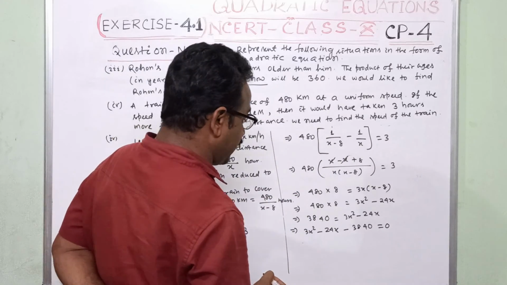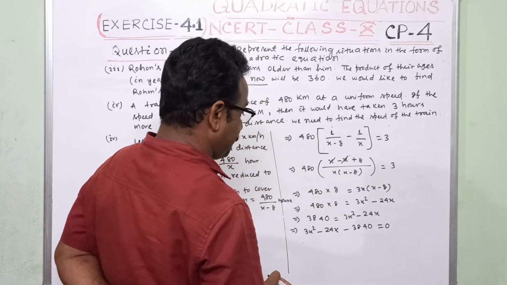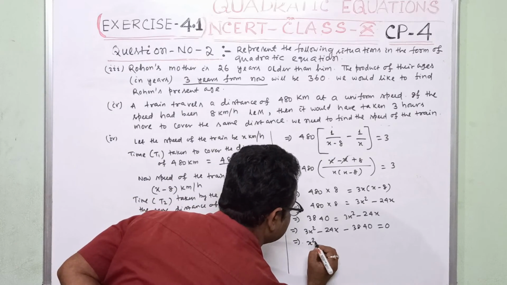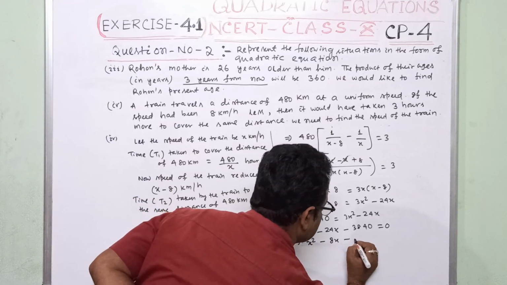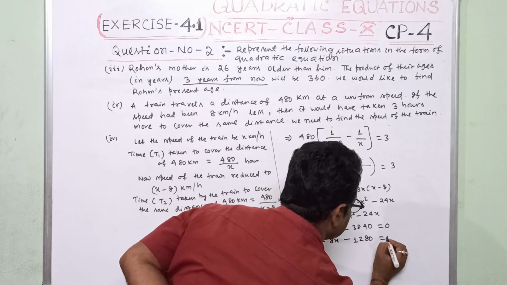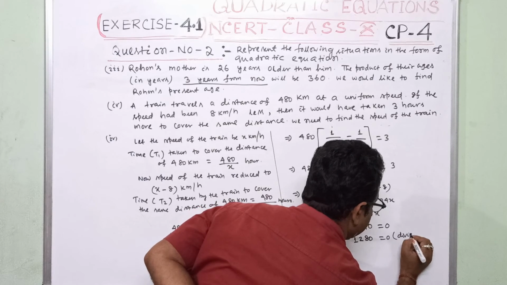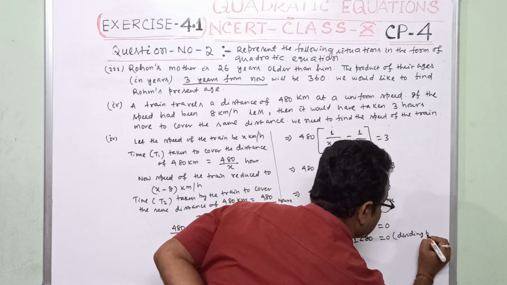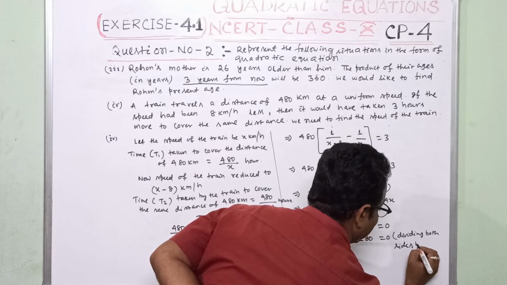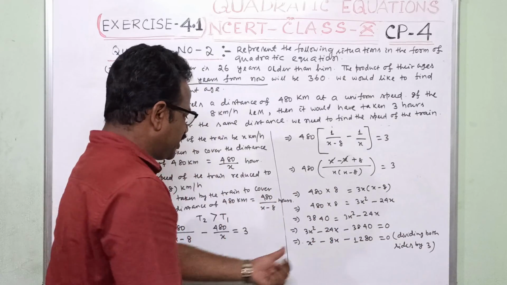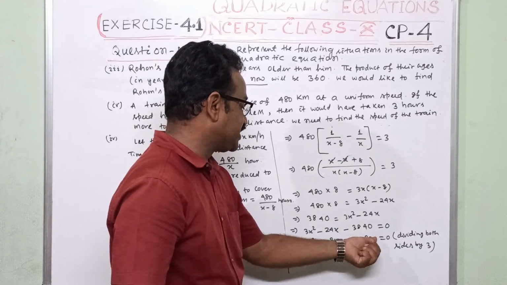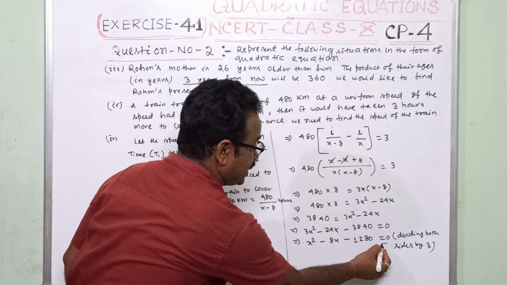Now is there any common factor? Yes. Dividing both sides by 3 to reduce to lowest terms, we will get x square minus 8x minus 1280 is equal to 0. This is the required equation.